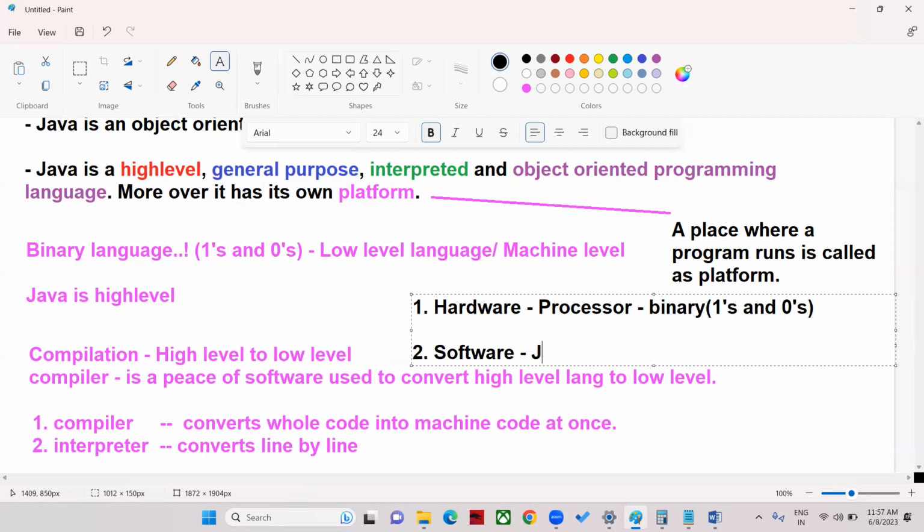And coming to the software, we have JVM, Java Virtual Machine. Java has its own platform that is called as Java Virtual Machine, and that particular Java Virtual Machine understands bytecode.